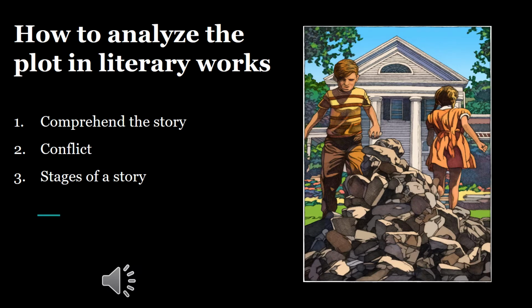By conflict, we understand the opposition of forces, that is, protagonist against antagonist. Now, in The Lottery, Tessie Hutchinson is the protagonist, and the lottery itself is the antagonist. So, now that you have identified the conflict, you have to recognize the stages of the story.